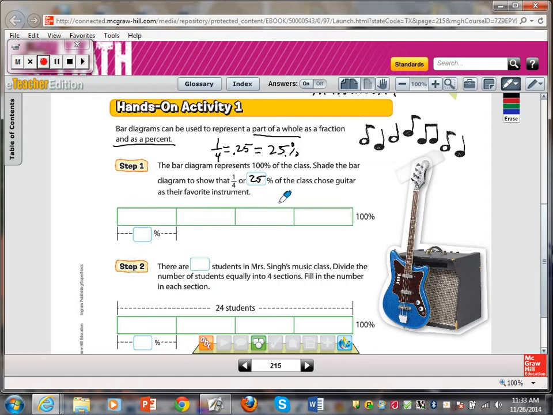Okay, so here if you draw yourself a bar diagram that represents, let's say over here 0%, and over here 100%, that will be your whole.